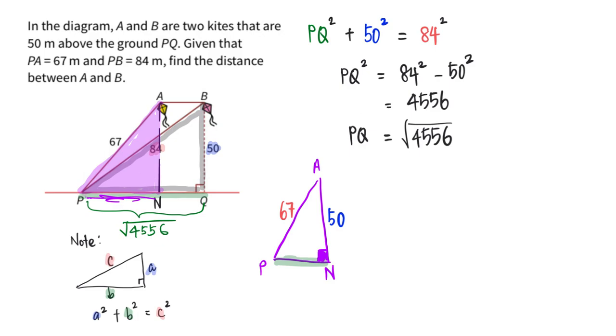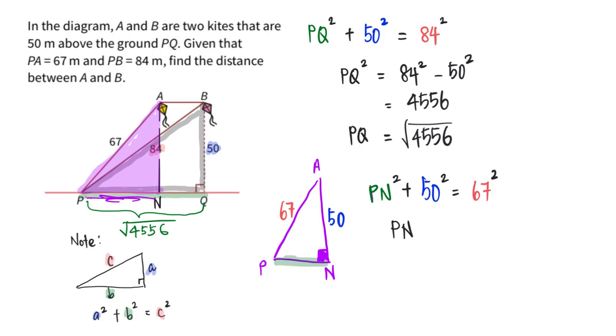Yep. And so my PN square plus 50 square is equals to 67 square. So therefore I'm actually applying the Pythagoras theorem again.